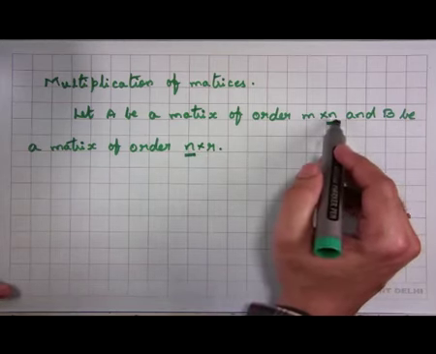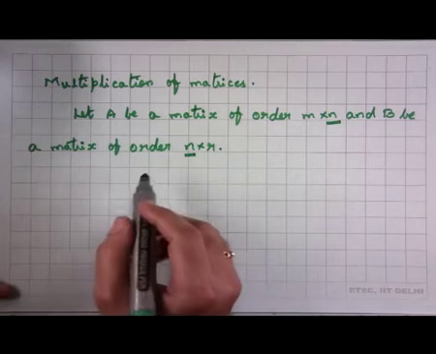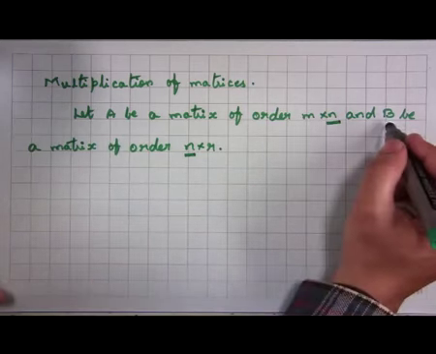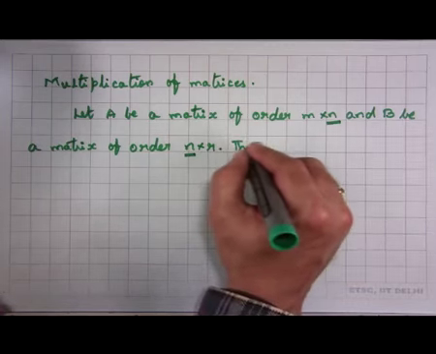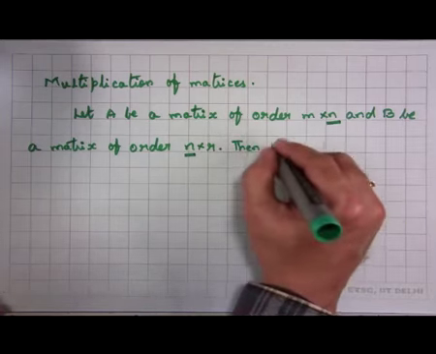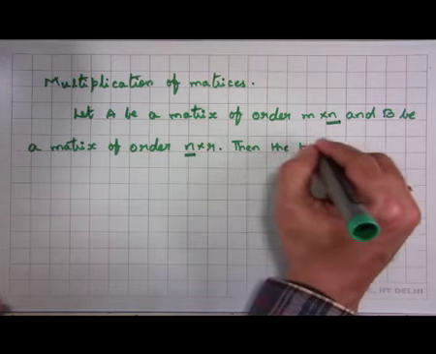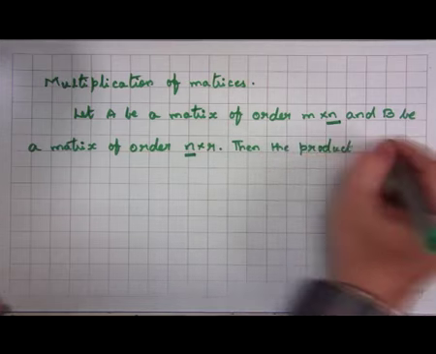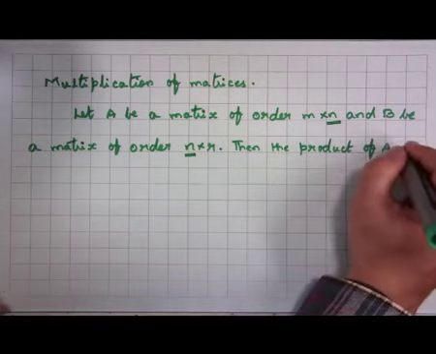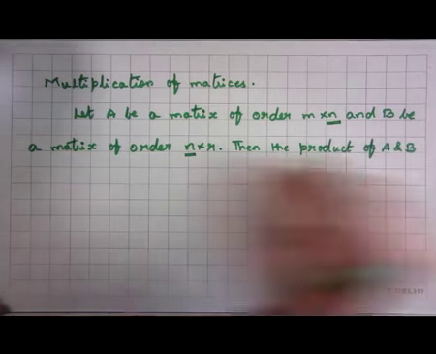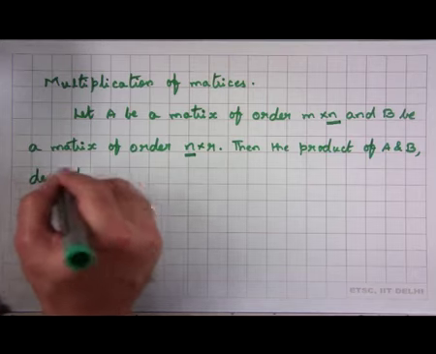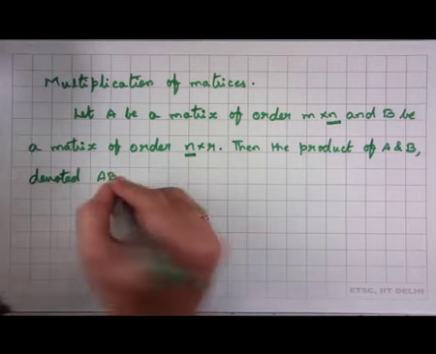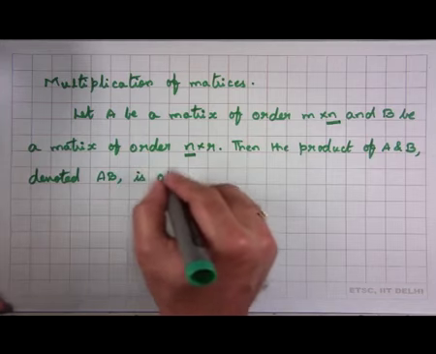So, the number of columns in matrix A should be same as the number of rows in the matrix B. Then the product of A and B denoted AB is obtained as follows.